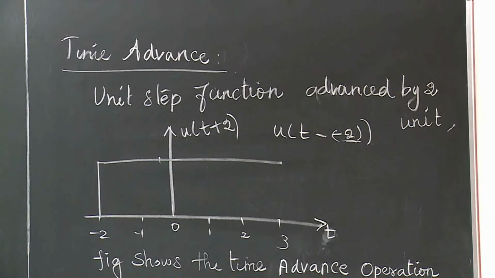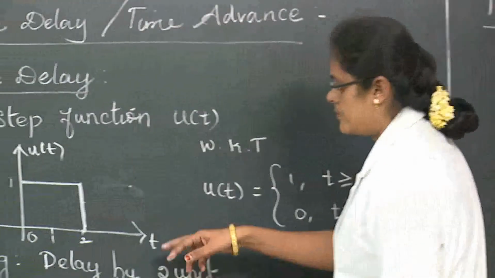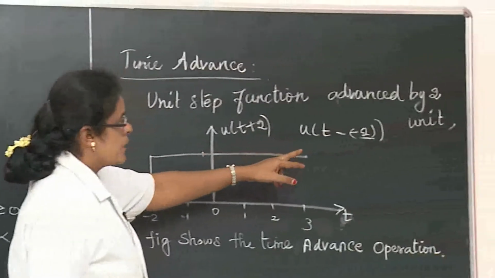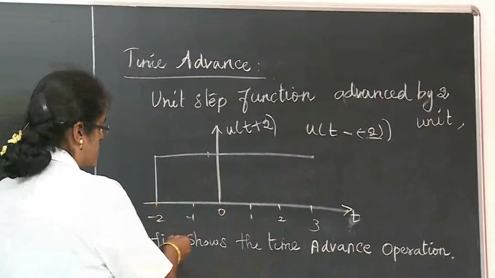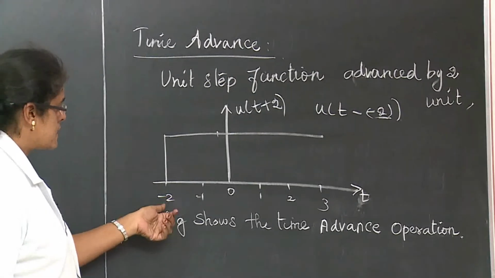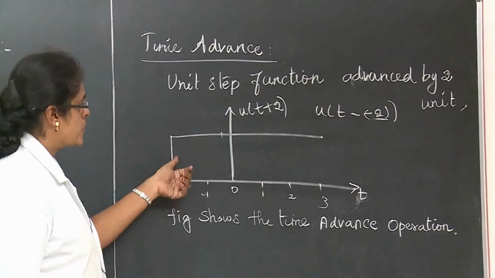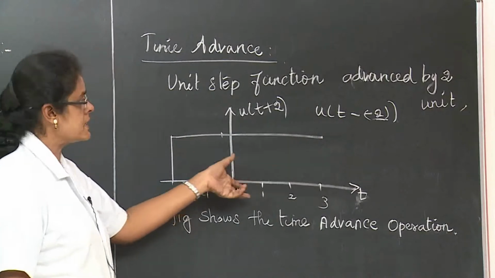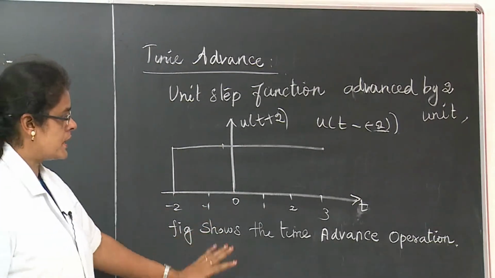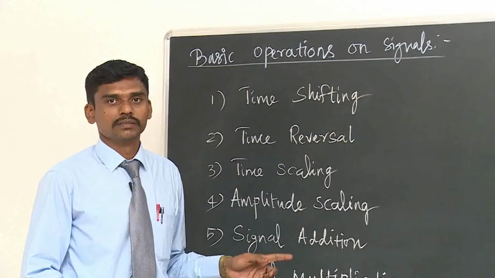The original signal is u of t. This signal is advanced by 2 units, that is, minus 2. Here minus 2 is the starting point. The minus 2 is the reconstructed signal, advanced by 2 units. The figure shows the time advance operation.